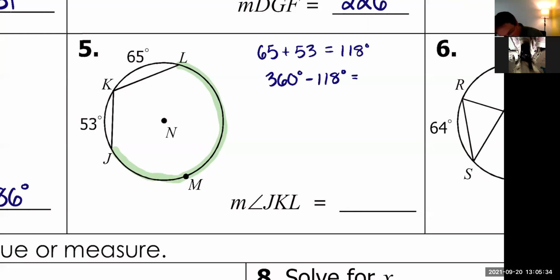What are we left with? 242. So that is the arc measurement, but we are looking for the inscribed angle that intercepts that arc. We would divide it by 2. So we should get 121.